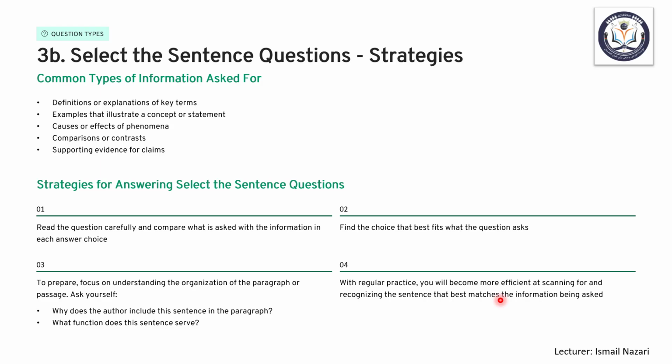Secondly, it checks our paraphrasing skill as well, because the sentence inside the passage would be using a different wording or structure to tell the idea which is asked inside the question. So paraphrasing is an important skill. Scanning and paraphrasing, these 2 are the critical skills needed in select the sentence question.